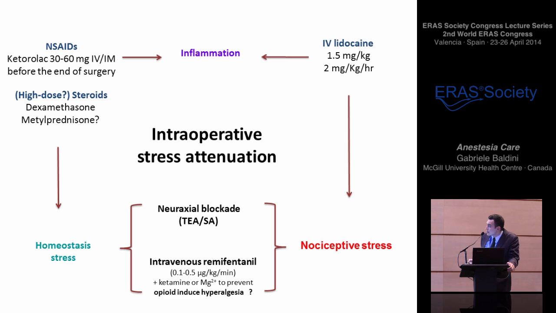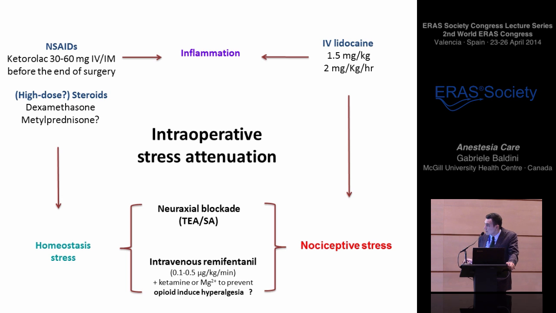Neuraxial anesthesia, either thoracic epidural or spinal, blunts the metabolic response associated with the stress response induced by surgical stress. And if you don't want to use neuraxial blockade, there are data showing that a relatively high dose of intravenous remifentanil can reduce the metabolic response associated with surgery as well.